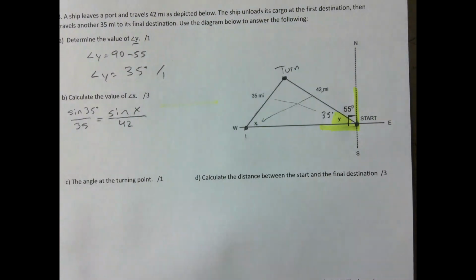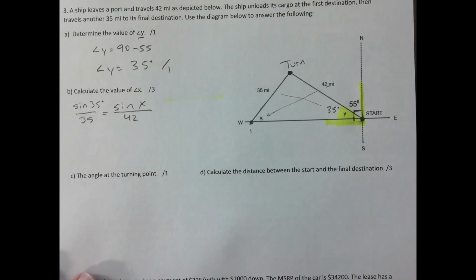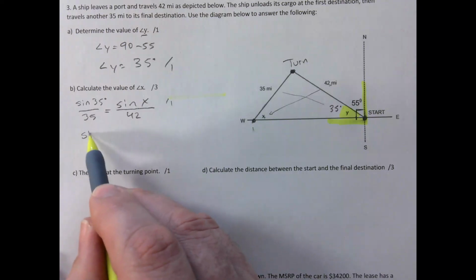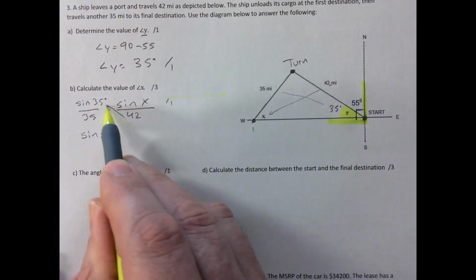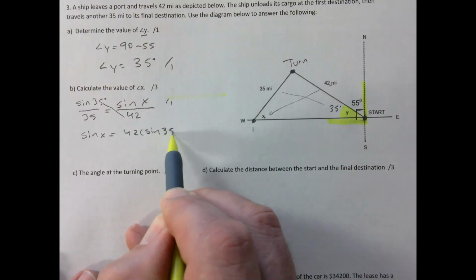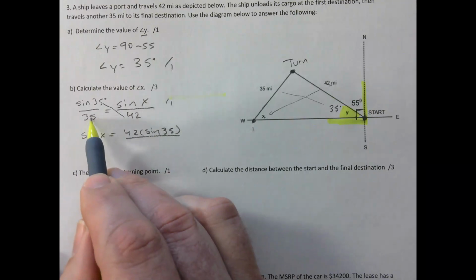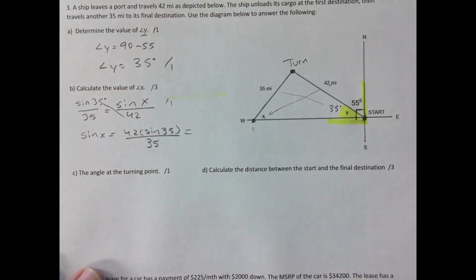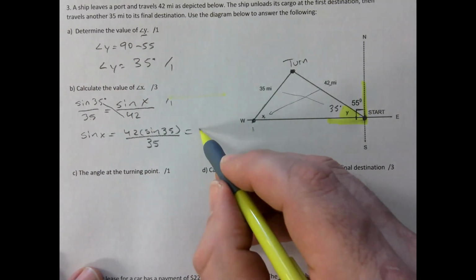So here is the review on how to solve for an angle using sine law. I'll give you a mark for that setup. So sine of x is going to be found by going 42 times sine of 35 divided by 35. And that should start with a 0.